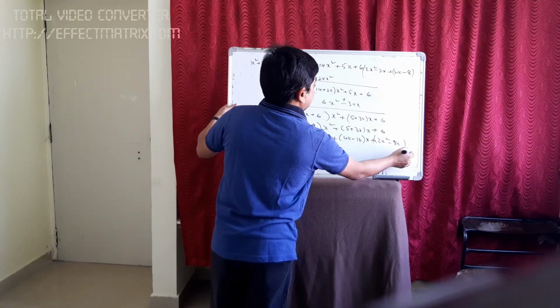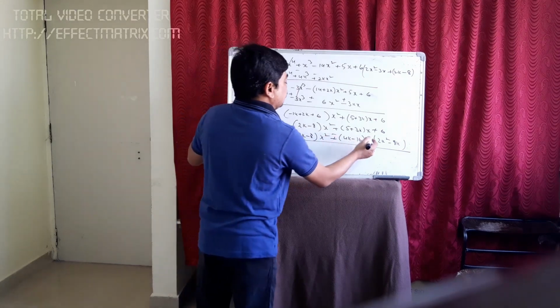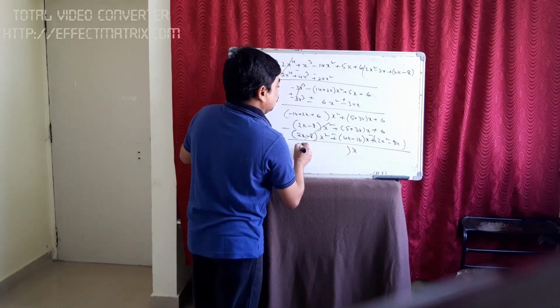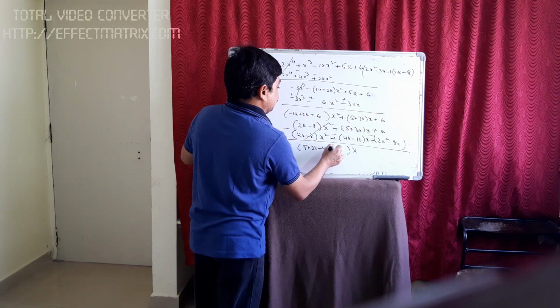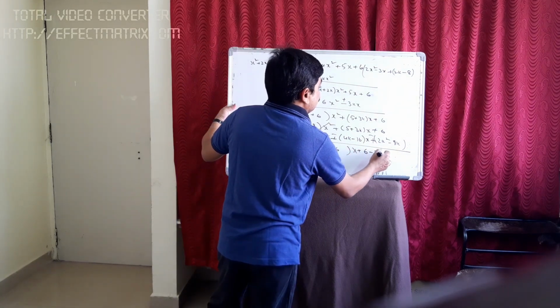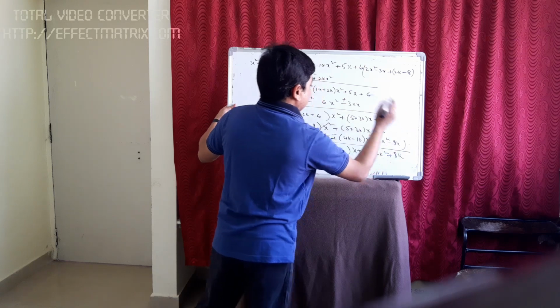Put a bracket. Now change the symbols, cancel them. You will get, take x common here: 5 plus 3k minus 4k plus 16, plus 6 minus 2k square plus 8k.